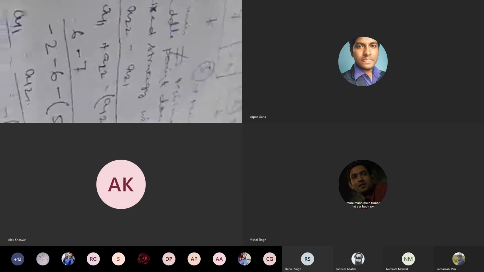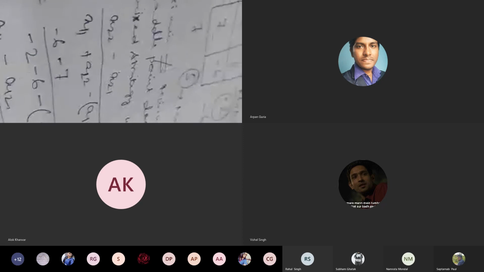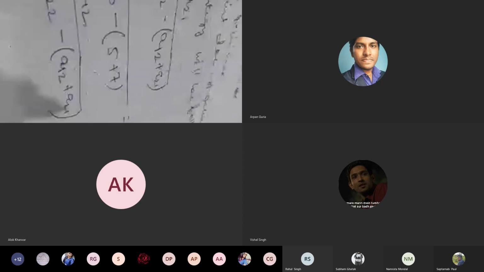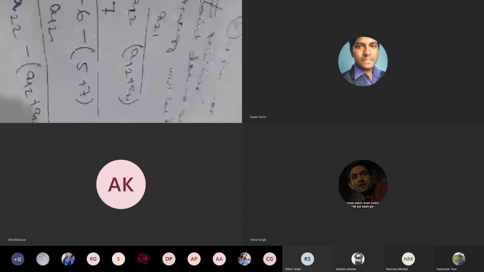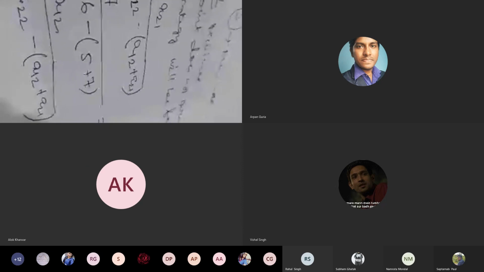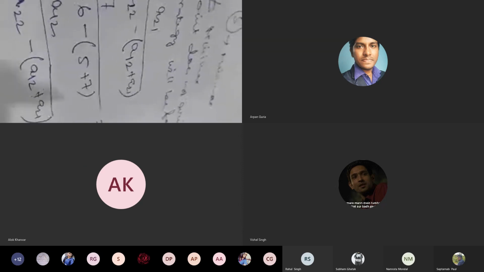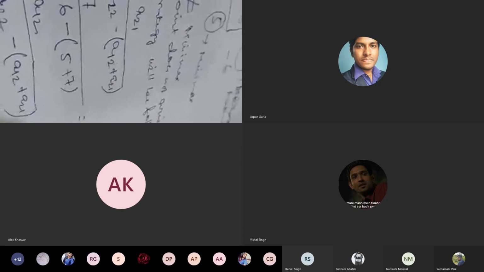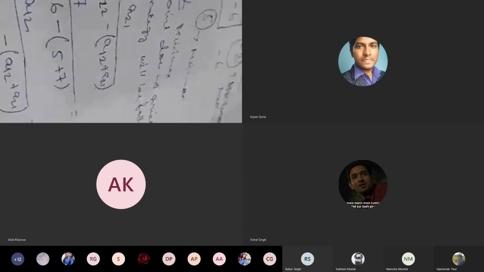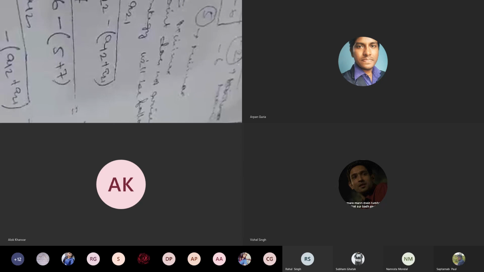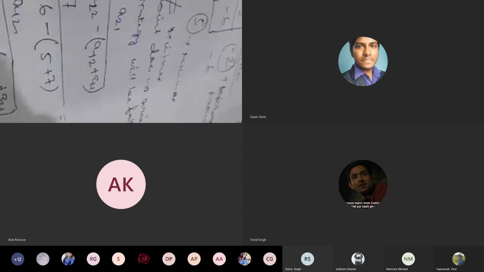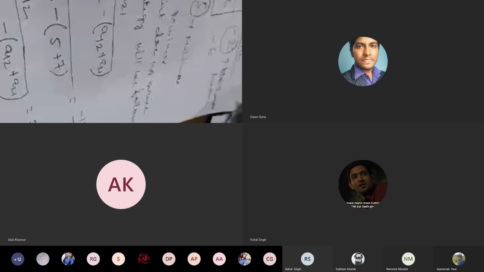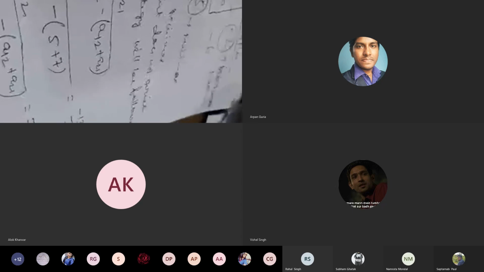So the denominator is always the same, it is minus 20, and A11 is minus 2, and A12 is 5, minus 5, which equals minus 7 by minus 20. So minus 13 by minus 20 is 13 by 20, and this is 7 by 20.